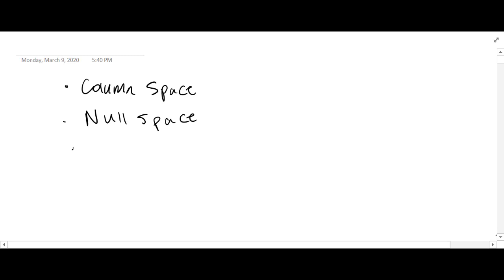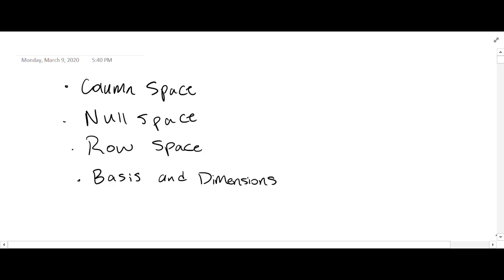We talk about row space. Basis and dimension of a subspace, and then the complete solution to Ax equals b.